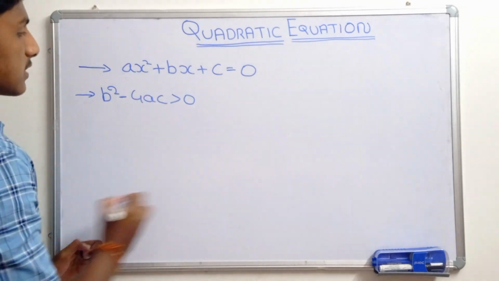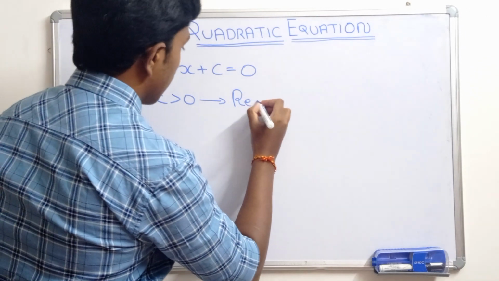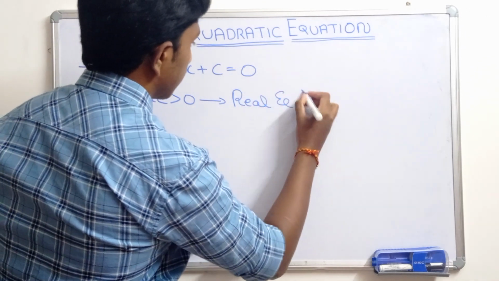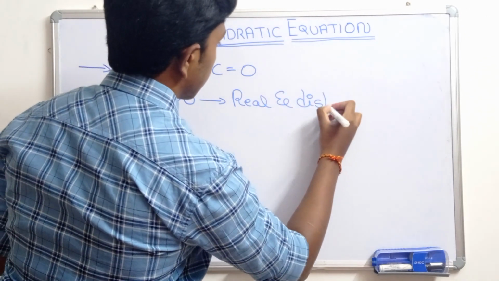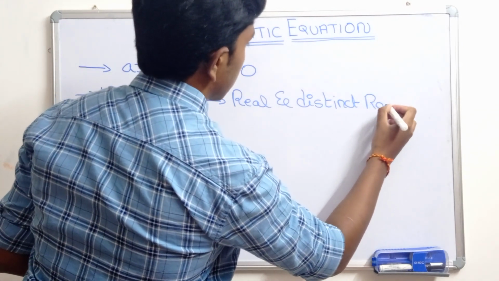B square minus 4ac greater than 0 means real and distinct roots.